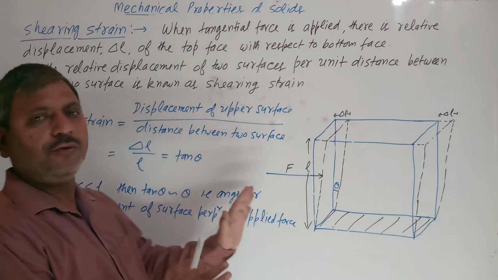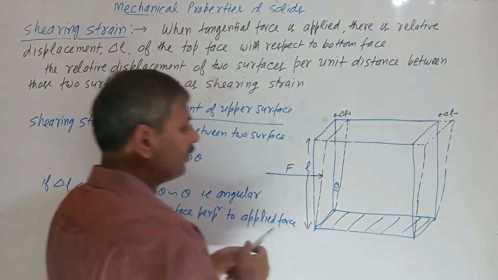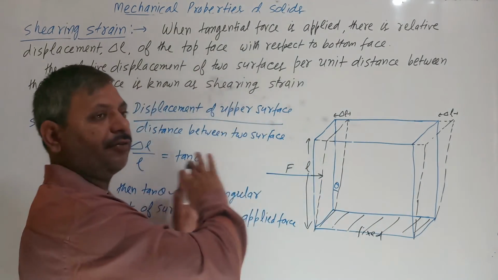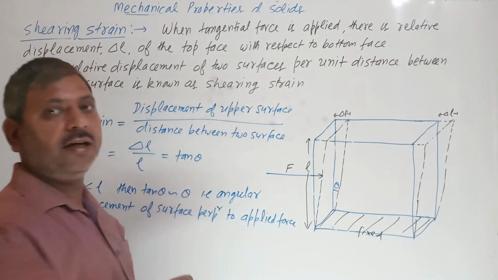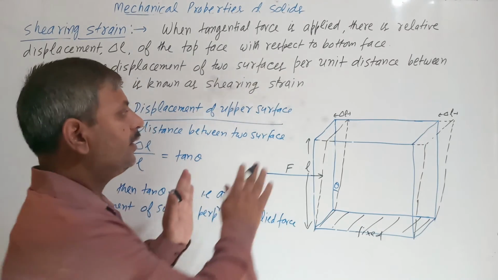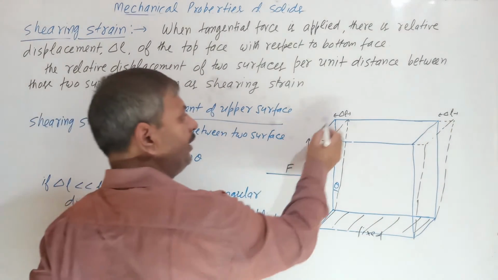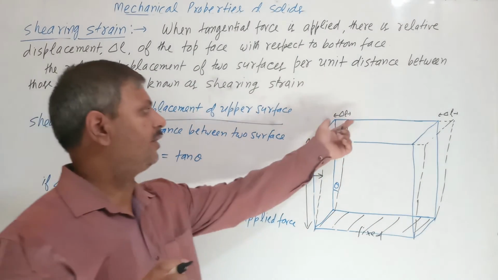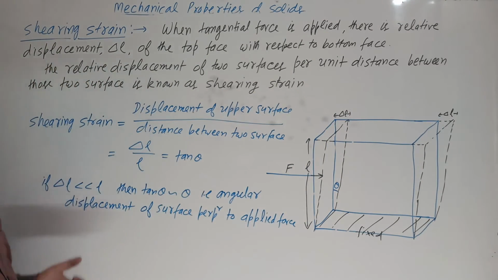Shearing strain arises when a tangential force is applied. This cube I have taken, this is a fixed surface, and the upper surface can move. When a tangential force is applied between these two surfaces, the upper surface will be displaced. Suppose it has displaced a distance del L. So what is shearing strain?